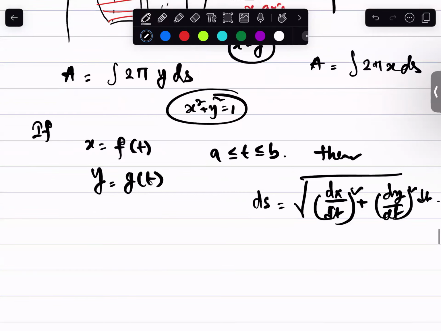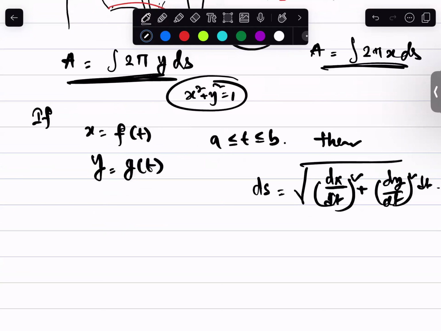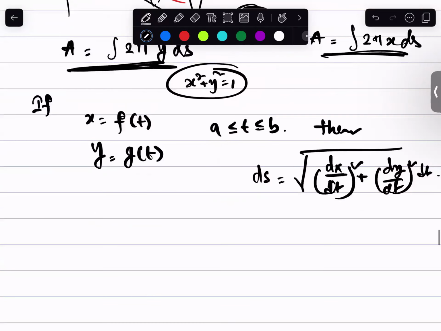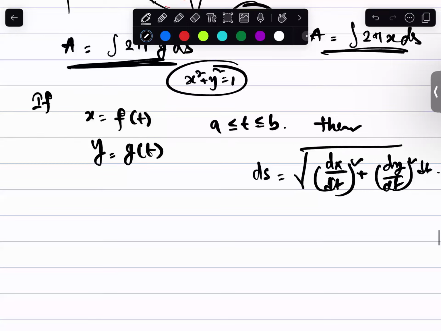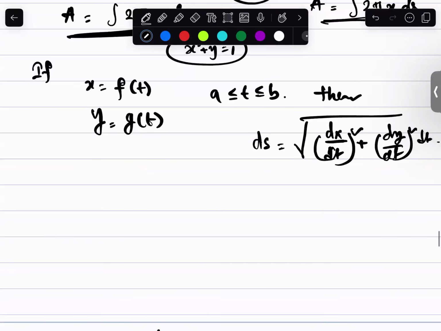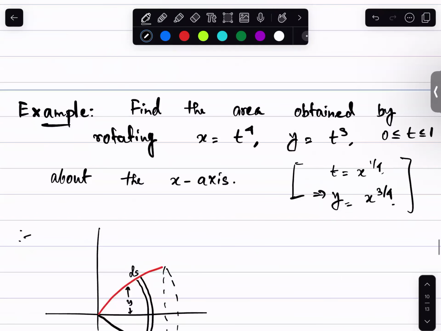And we can use these expressions to get corresponding formulas for surface of revolution for parametric curves, right? So let us focus on examples.